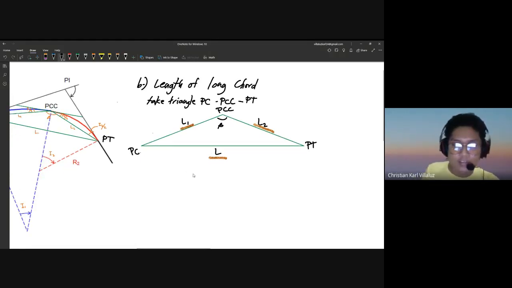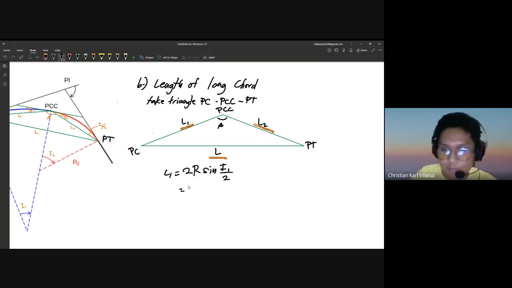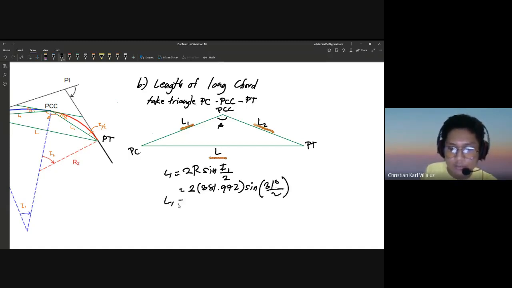So, hanapin na natin yung chord ng kada curve. So, 2R sine I1 over 2 is equivalent to 2 times 381.972 sine 31 degrees divided by 2. The length of the first chord is 204.155 meters.